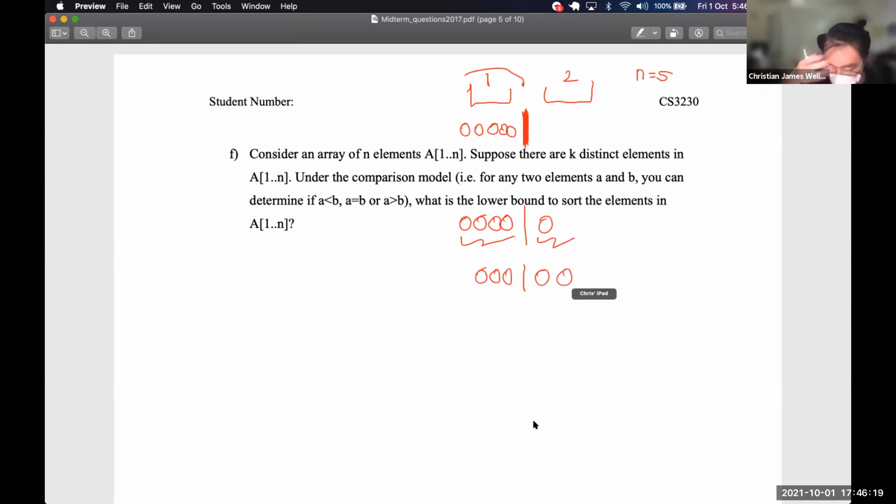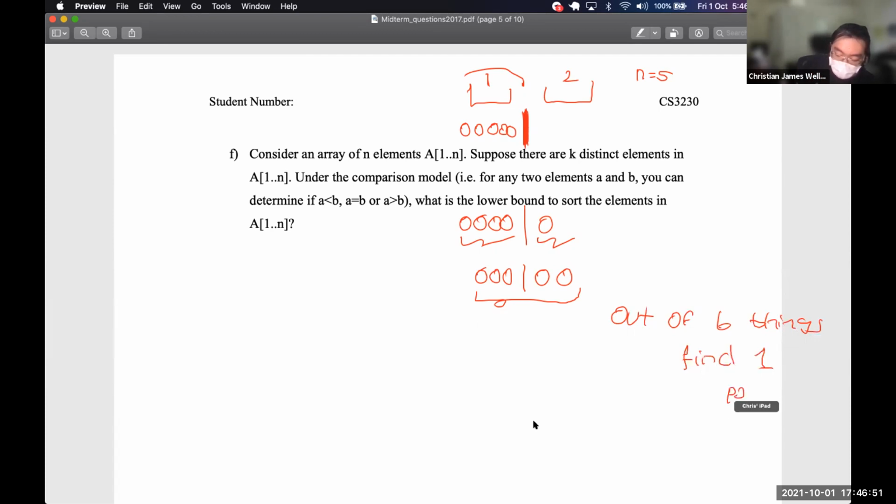Basically, do you see how this maps, how me having bars and dots maps to the buckets? So what this is essentially saying is that out of 6 things, find one position to put the bar.